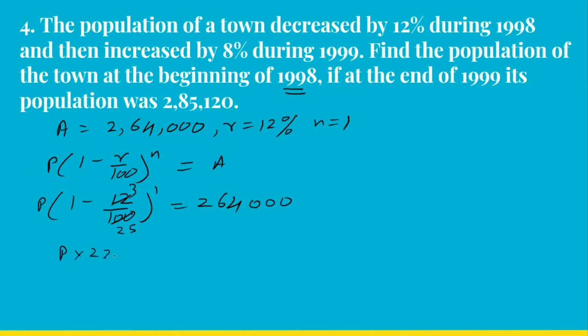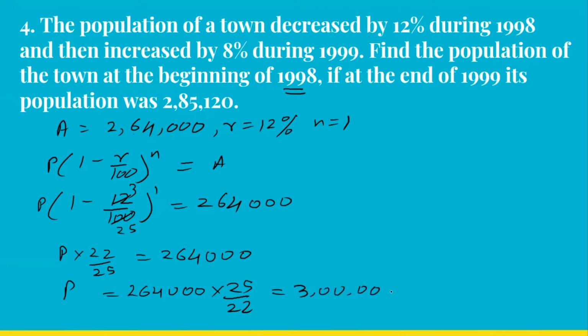So P into 22 by 25 is equal to 2,64,000. So P is equal to 2,64,000 multiplied by 25 by 22. Simplify this and we get 3 lakh. So in the beginning of 1998, the population of the town was 3 lakh.